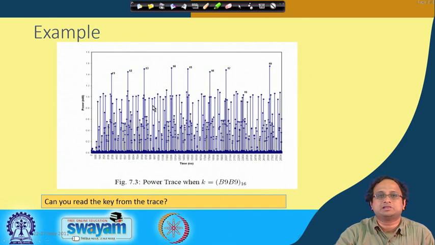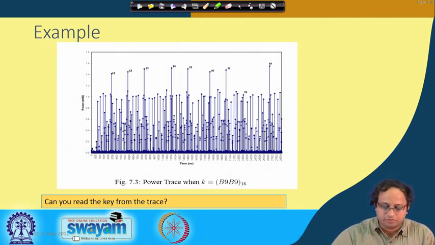For example, this is an unknown key trace. We have an unknown observation, and the question is, can we read the key from the trace? That is what SPA tries to do. So we will see these spikes and time them, observing the time difference between them. Suppose the attacker gets these spikes, looks at the x axis and finds the time distance between the spikes.